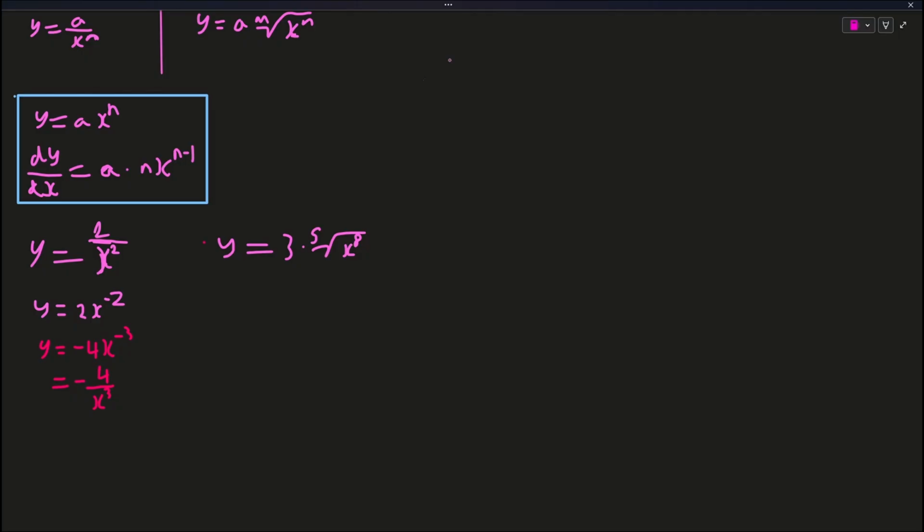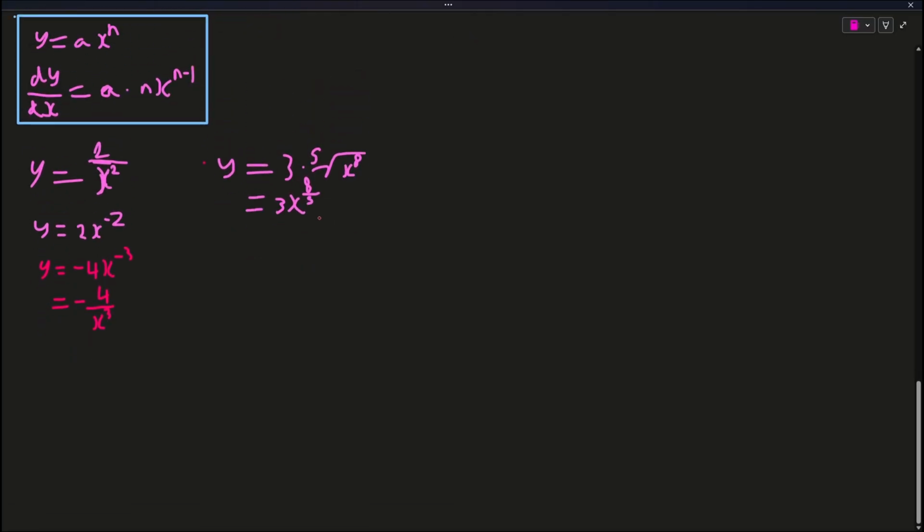So in this example, again, we can rearrange this. This can be rewritten as 3x to the power of 8 over 5, right? So again, let's apply the formula.